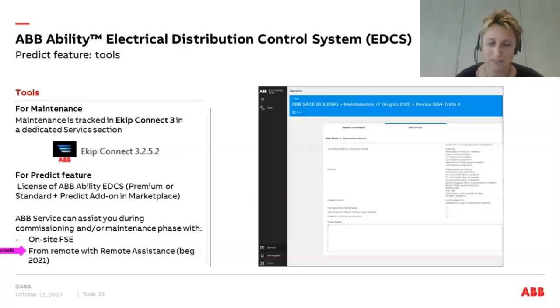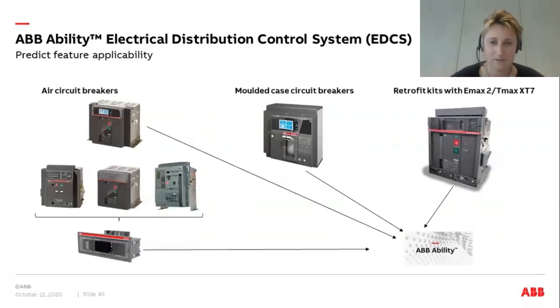Okay, which are the products that can be monitored, talking about health conditions, with the Predict? We have Emax2 in terms of air circuit breakers, but also non-new breakers like the old Emax, and we also need a Keep Up in this case.